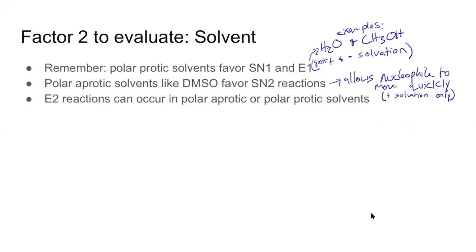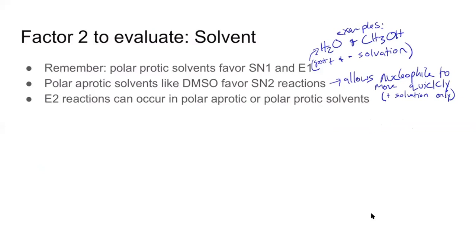Basically, the idea of why E2 reactions can occur in polar aprotic or polar protic, I think there's several reasons. First of all, an SN2 reaction, which is limited by polar protic solvents, needs a nucleophile that can move really fast, that's super strong, that can do that backside attack.